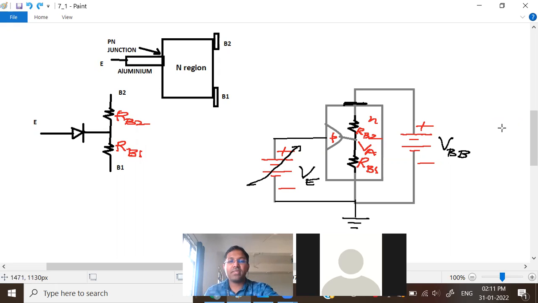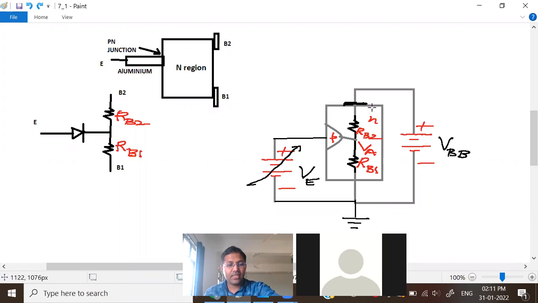Next, we will represent the electrodes. Usually, you don't directly take a wire and connect it to the electrodes. You have something called metal contacts.